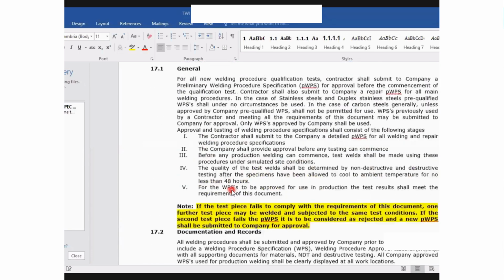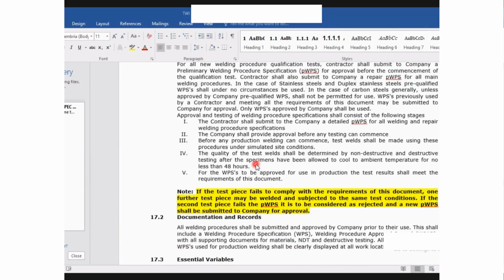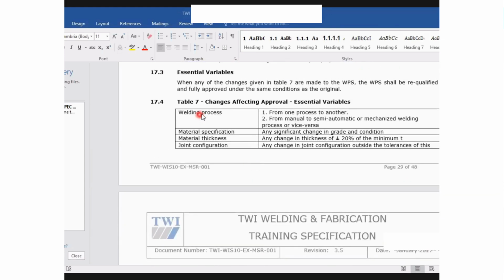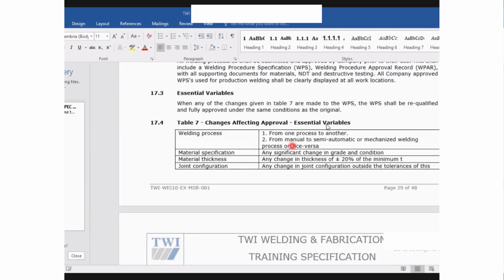This one is under qualification of WPS, welding procedure. The question specifically talks about procedure. In 17.4, we have table 7.